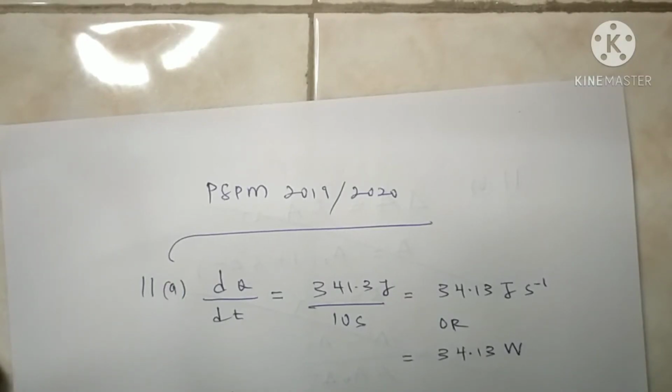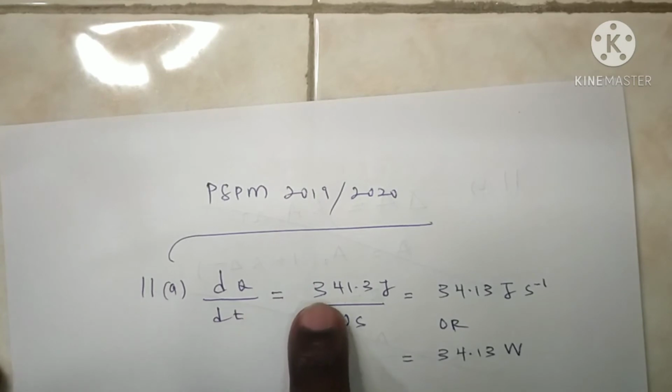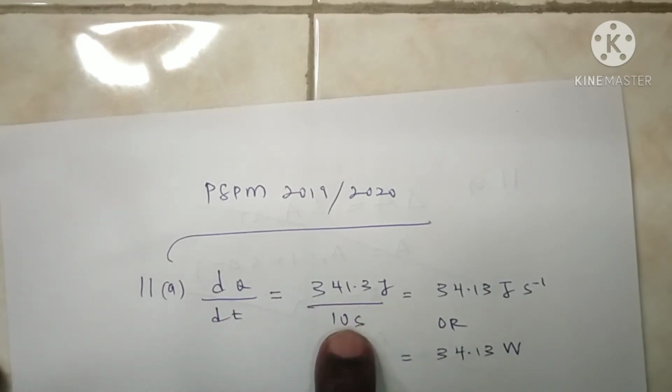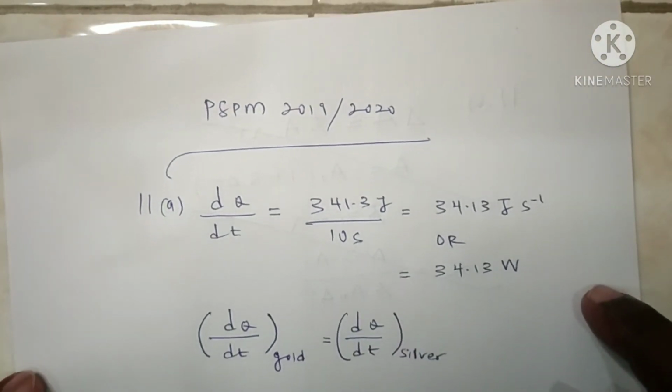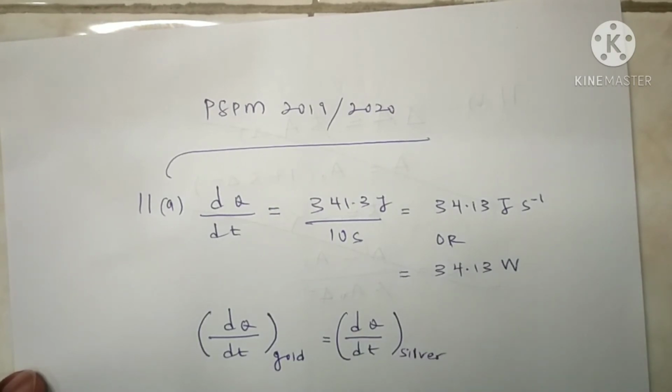The rate of heat flow dQ/dt equals 341.3 joule per 10 seconds, which equals 34.13 joule per second or 34.13 watt. According to the question, a gold rod is in contact with a silver rod, so we should assume that the rate of heat flow through the gold rod is equal to the rate of heat flow through the silver rod.